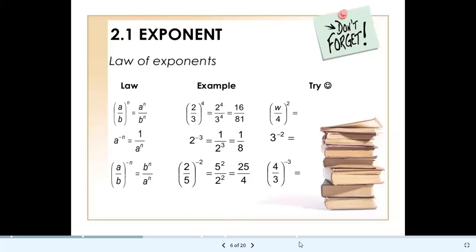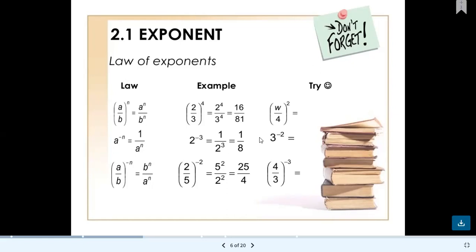Try nyo. Okay, so sabi ni Shamil, which is correct, magiging siya w^2 over 16. So tama, w^2 over 16.